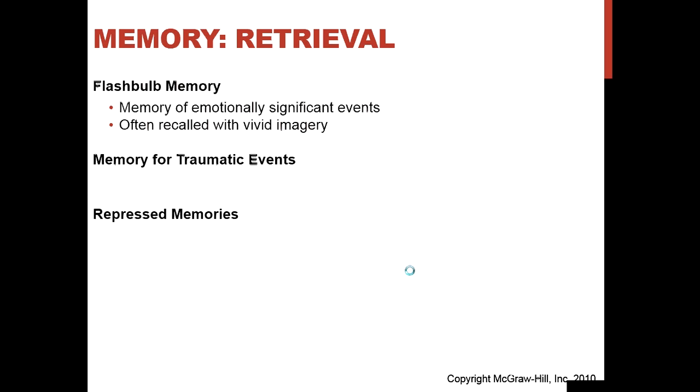Maybe you have a flashbulb memory for this past election. You've been watching it on TV. It's a very emotionally charged event because people are vying for each candidate, and we don't know which way it's going to go. It's such a tight race. And you were watching things on TV. Maybe you have vivid imagery of going to the polls for the first time.